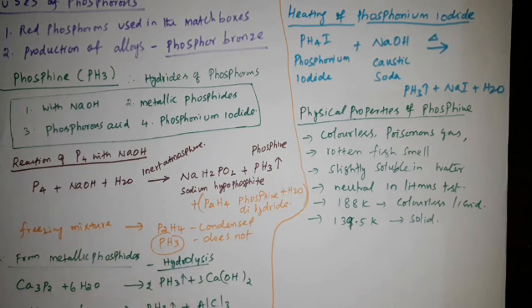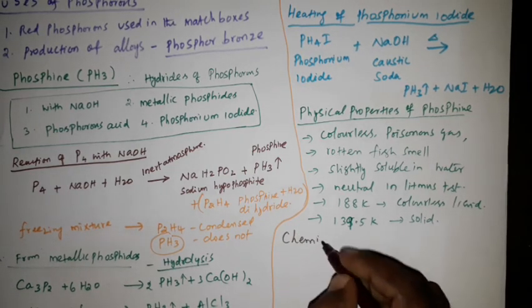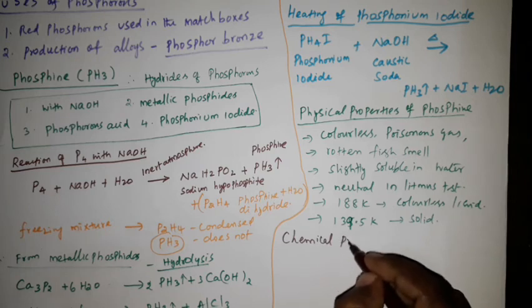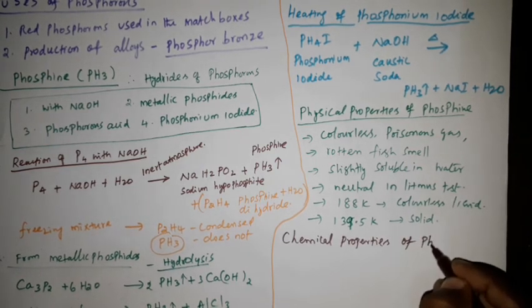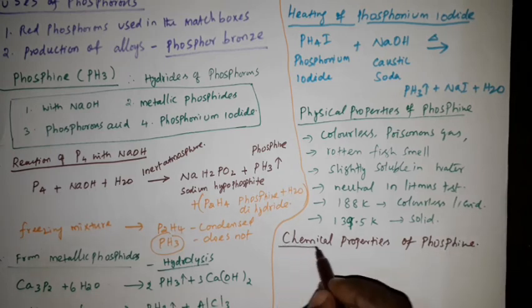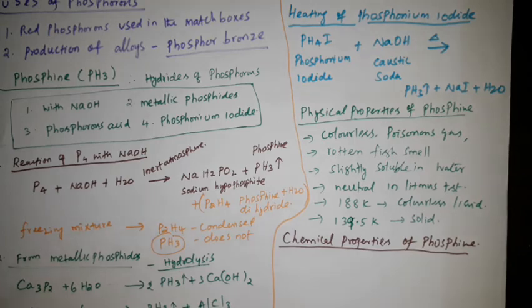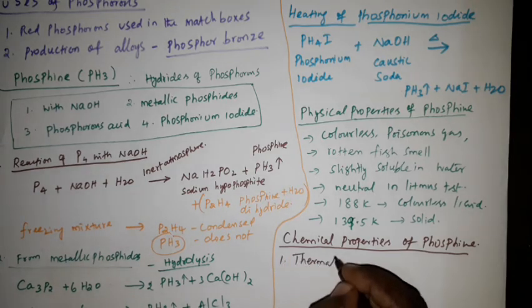Next one is chemical properties of phosphine. The first one is thermal stability.